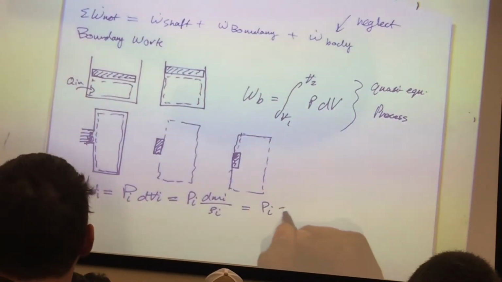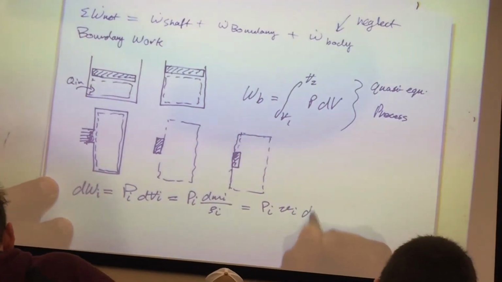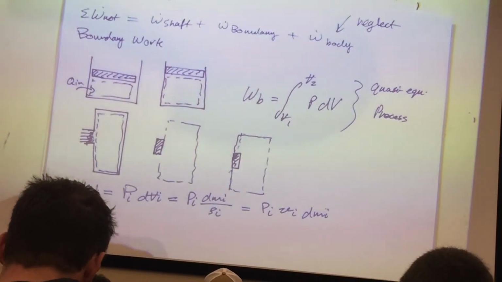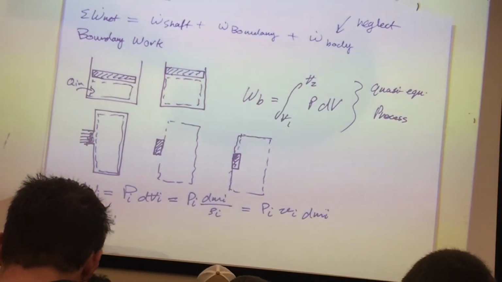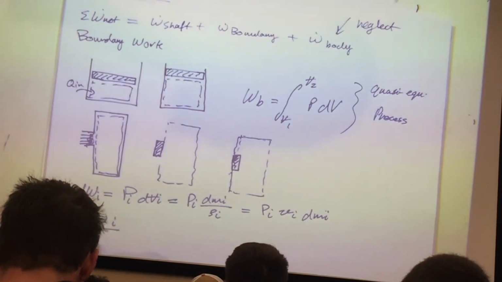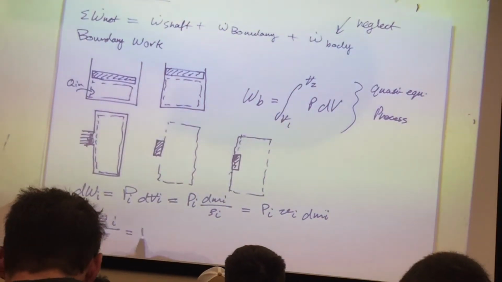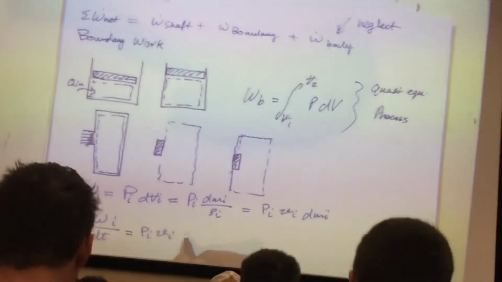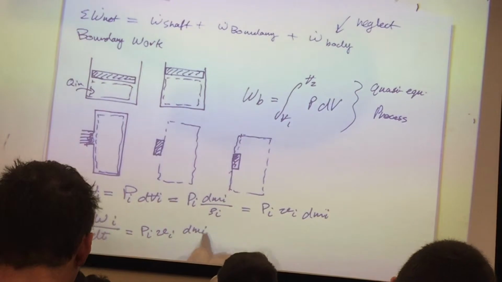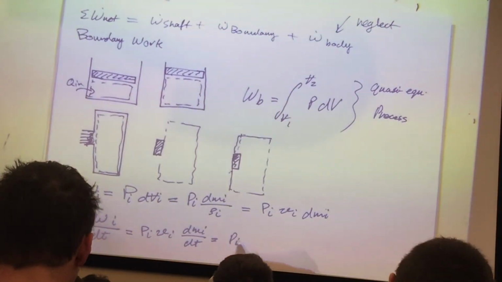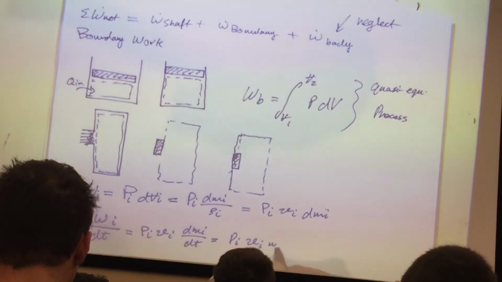And I want to take a look at the rate of that, because it's dot. So dW dot in over dt is equal to P in over rho in times dm in dt.